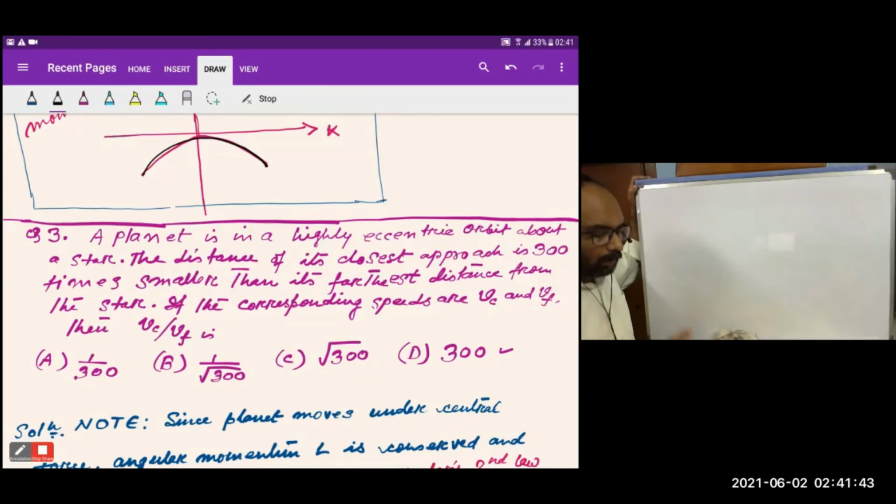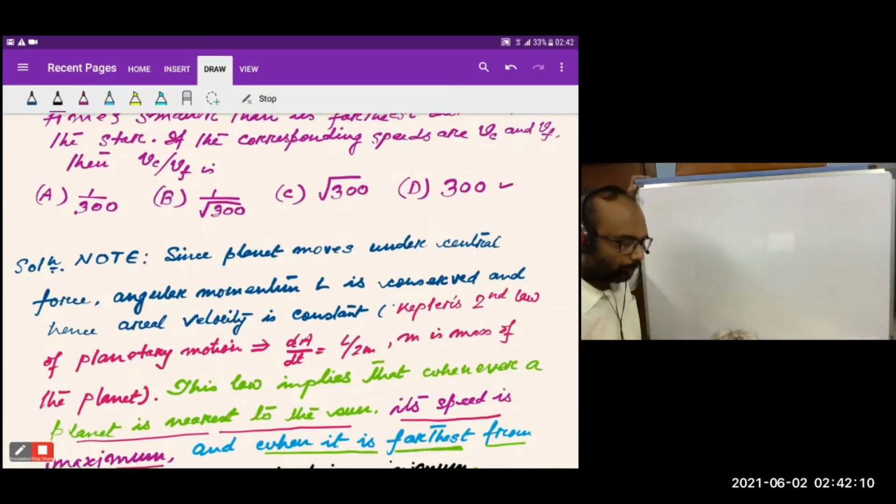The distance of its closest approach is 300 times smaller than its farthest distance from the star. If the corresponding speeds are Vc and Vf, then Vc by Vf is, which one is correct?